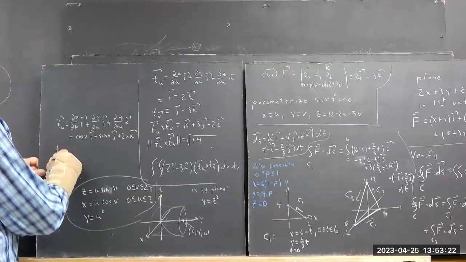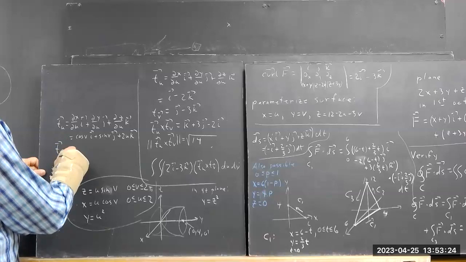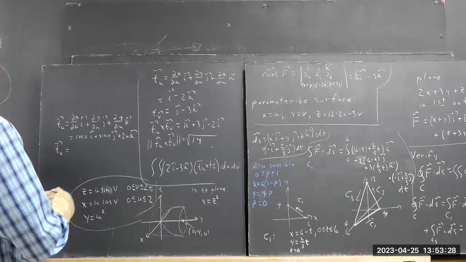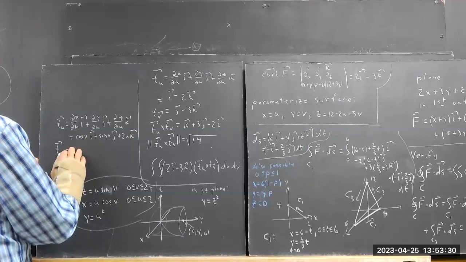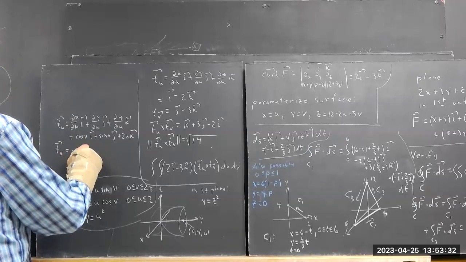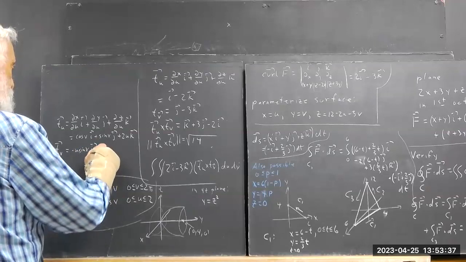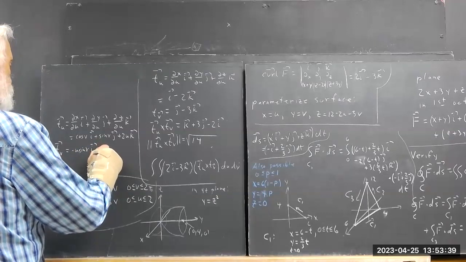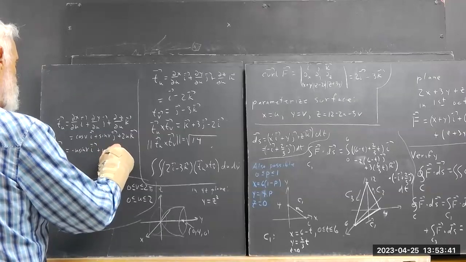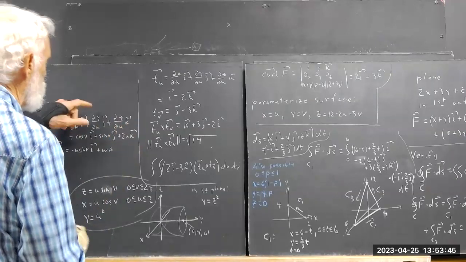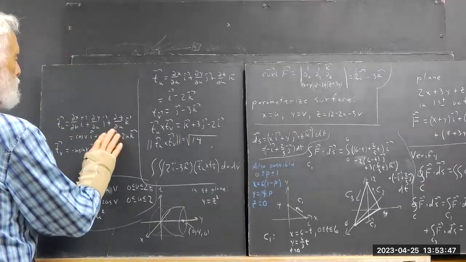And T_v is the partial of x with respect to v, which is negative u sine v, plus I've got the y and the z there.